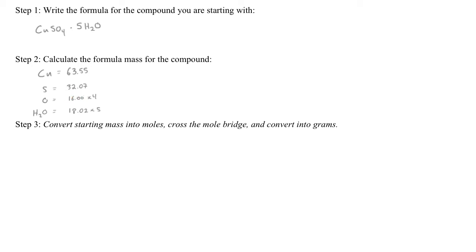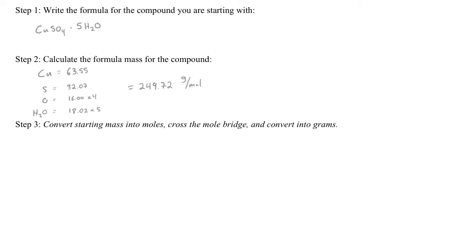We have 4 oxygen atoms, so we multiply that 16 by 4. And we have water, which is 18.02 grams per mole for each one, and there are 5, so we multiply 18.02 by 5. Once we add all of this up, we get 249.72, in units of grams per mole.